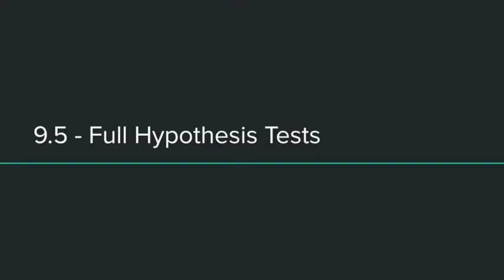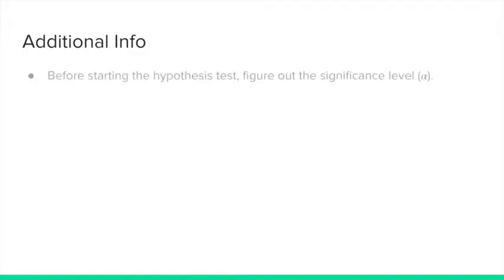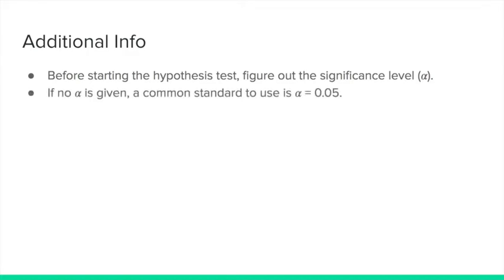In section 5, we are going all the way from start to finish, doing a full hypothesis test and including the calculator part. So in every one of these, you want to make sure that before you start, you know the significance level. And if none is given, then typically we use 0.05.